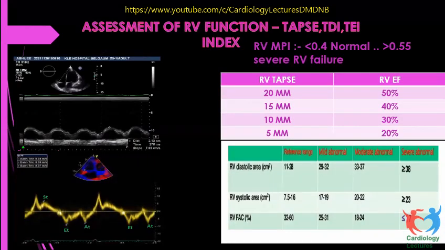So quickly you should assess the right ventricle at that particular time using the tricuspid annular plane systolic excursion, TAPSE, Tei index, and these are all RV function measures. Usually in such situations of acute pulmonary embolism, you get a TAPSE of 5 to 10, where the RV function is reduced to 20% to 30%.